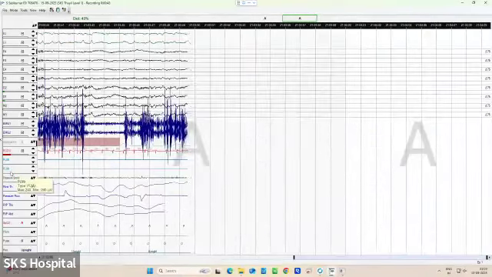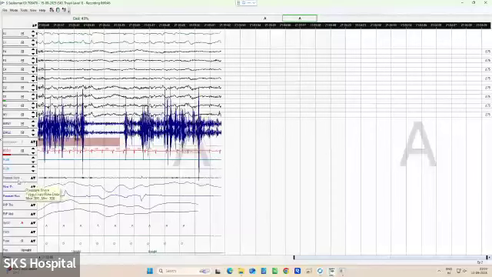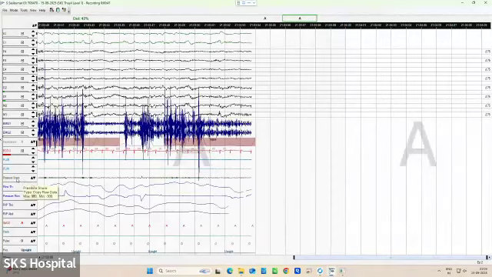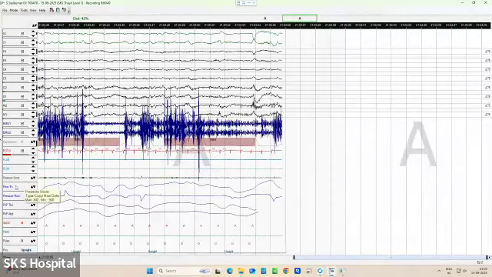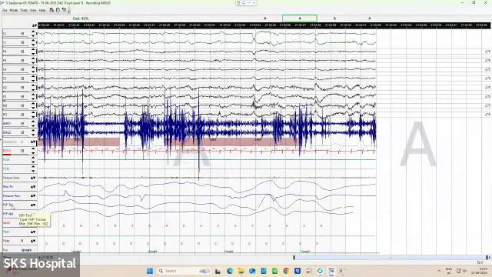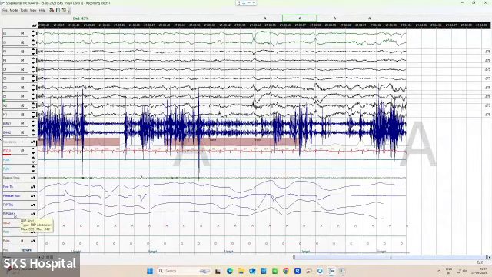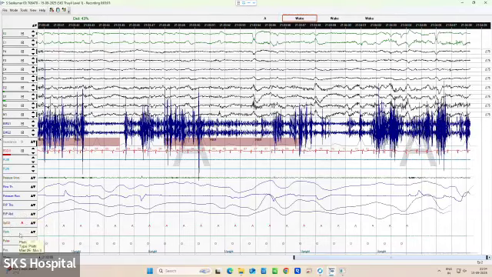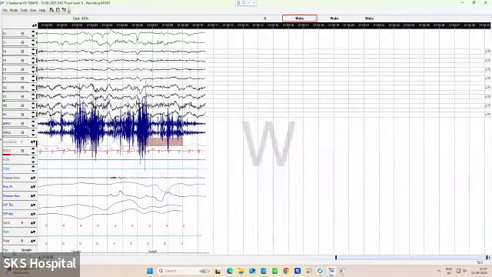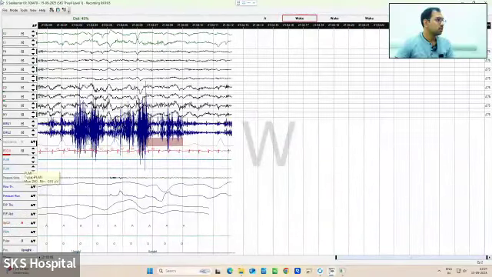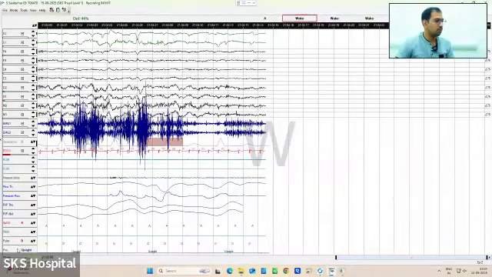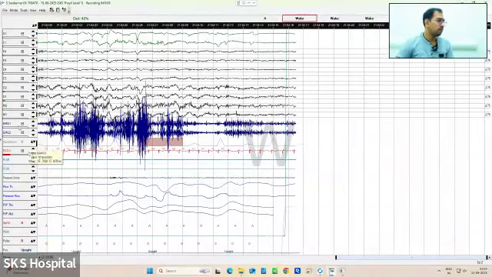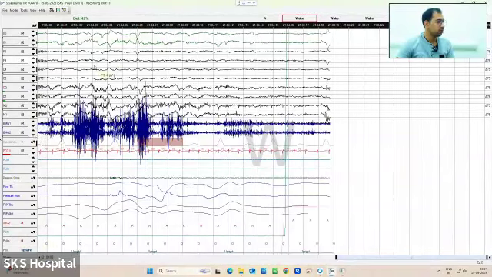PLM left and right are leg EMGs. This is the pressure snore sensor, which is also calculated from the nasal cannula. This is thermistor, pressure flow, which is again nasal cannula, pressure transducer. RIP thorax, which means thoracic belt, and abdominal belt. This is SpO2 sensor, plethysmography, pulse rate, and position. So these are all the leads in a level 1 polysomnography.